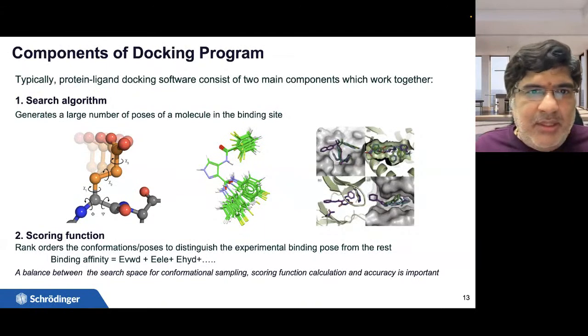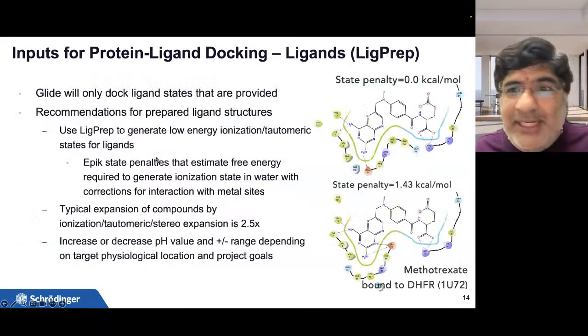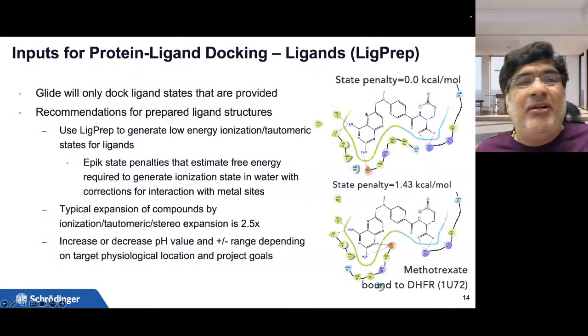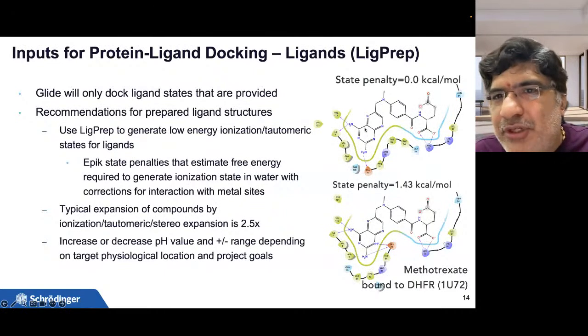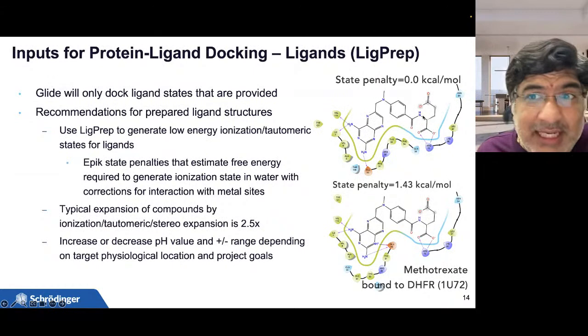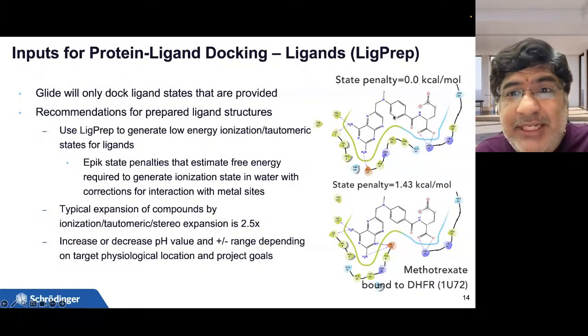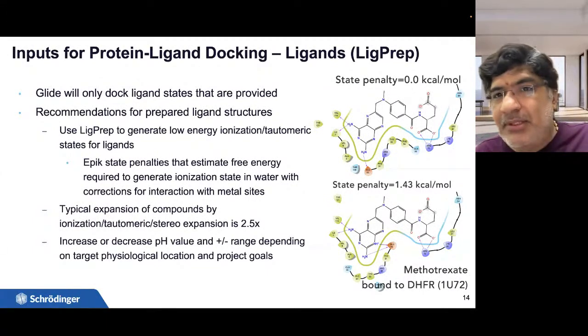Now before we go into the docking, we need to process the molecule. You might have seen in many textbooks, or whenever we sketch the molecule, we show the molecule like this in 2D. So how each and every atom is connected, that is what we are showing. But in reality, a molecule doesn't exist in 2D. It exists in 3D. So geometry optimization is a very important aspect, right?